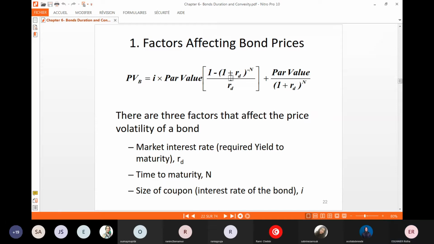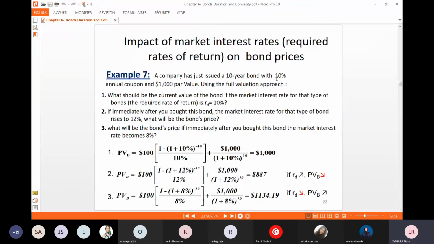اهي كيف ناخذوا basic example فيه bond a 10-year bond with a 10% annual coupon rate with $1,000 par value. Suppose that after you purchase the bond, RD هو 10% ولا RD initially هو 10% case law.